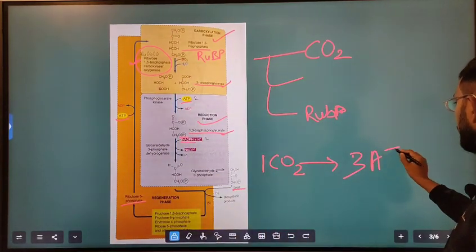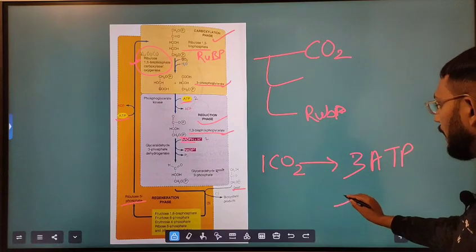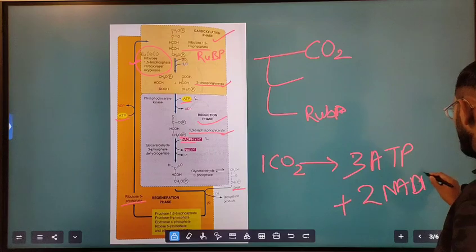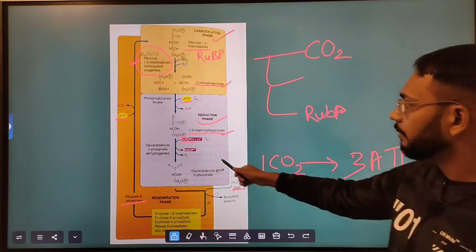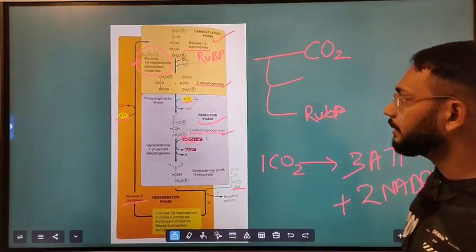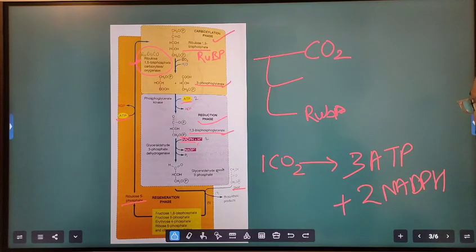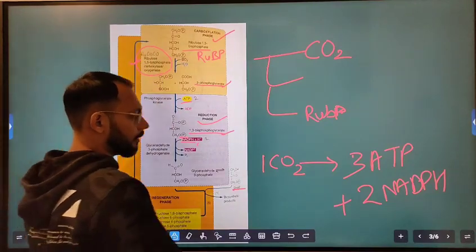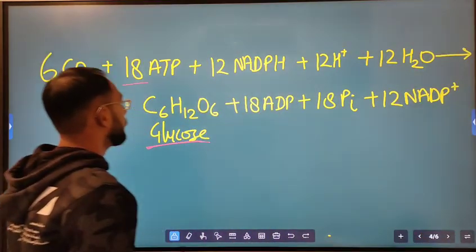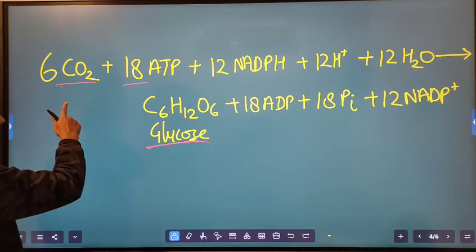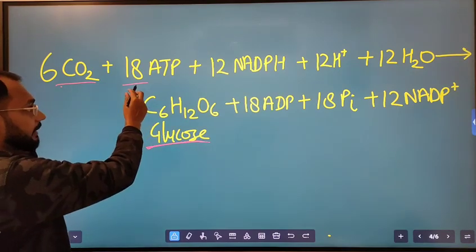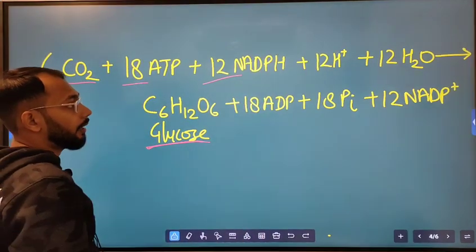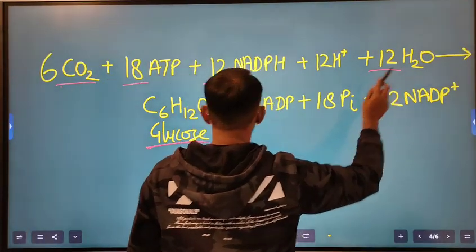Three ATP molecules and two NADPH molecules are expended for one carbon dioxide. So for 6 carbon dioxide, there would be 18 ATP and 12 NADPH molecules used, and 12 molecules of water.